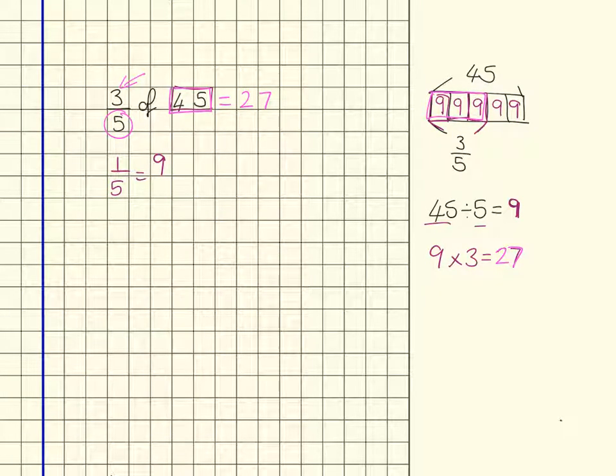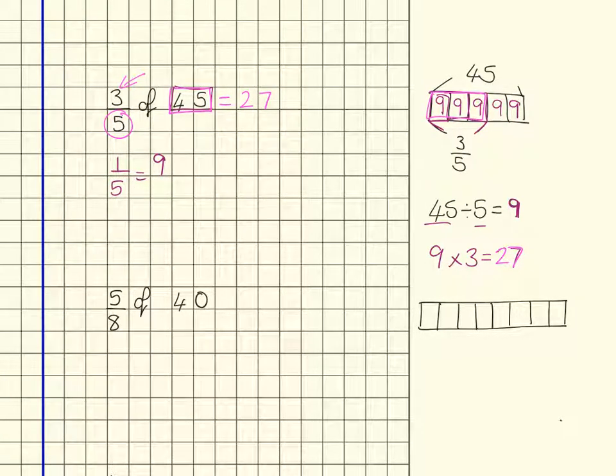Okay, so now I'm going to calculate 5/8 of 40. So I'm going to first of all draw a bar, which I'm going to split into 8 equal parts, because I'm working with eighths. And I know that because this is the eighths.